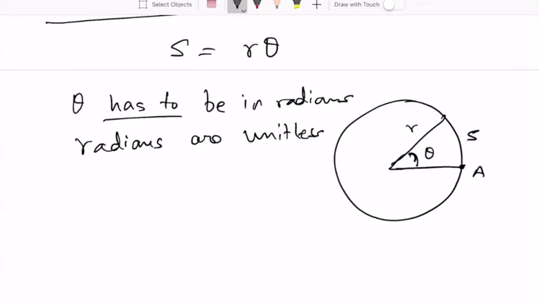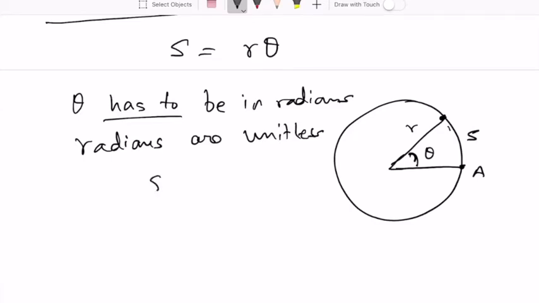Now suppose you start walking from A, and you walk a distance which is exactly equal to 3 meters. So along the circle, you cover a distance which is exactly equal to the radius of the circle, right? So you start walking, you have a pedometer, and you keep walking until your pedometer says that you've walked 3 meters, the same distance as the radius of the circle.